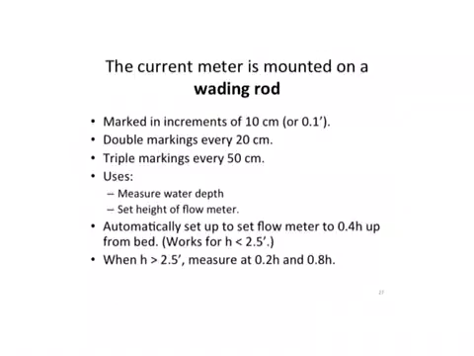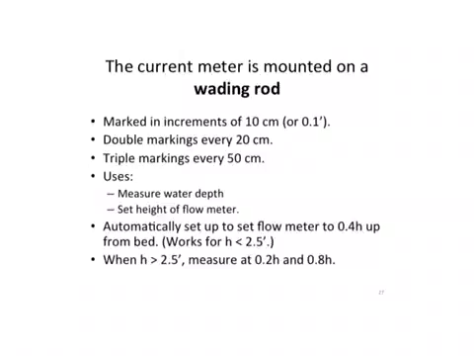I'm going to go through this fast because we'll talk about a lot of this in person. So the current meter is mounted on a rod, which is called a weighting rod. The weighting rod is a tool that you could use to measure depth and to set the height at which you measure velocity. Remember, you want to measure velocity 0.6 of the way down into the water column. Now the weighting rod is marked in increments of 10 centimeters.